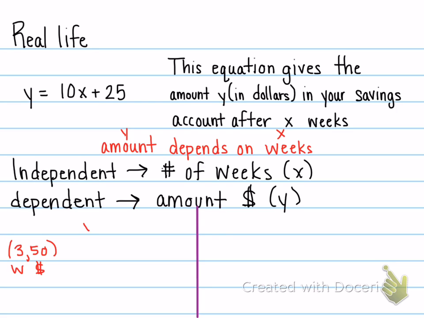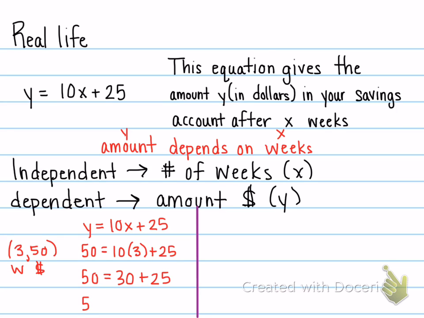So if I do y equals 10x plus 25, we know the y. y is 50 equals 10 times 3 plus 25. So 50 equals 30 plus 25. 50 equals 55.